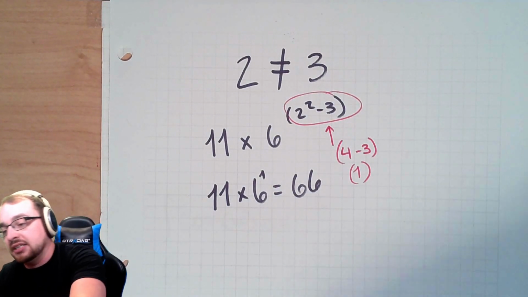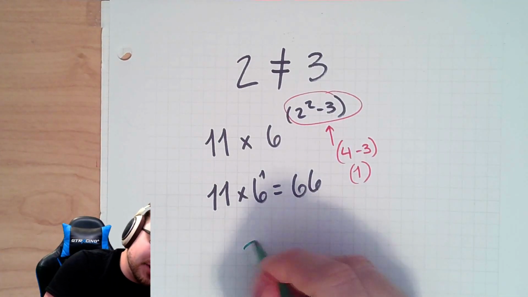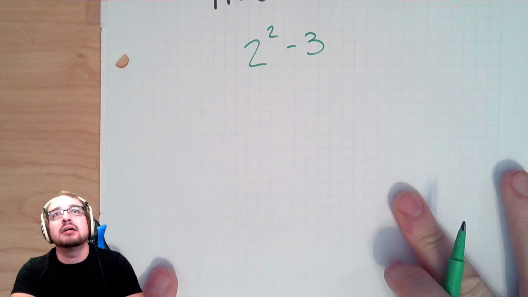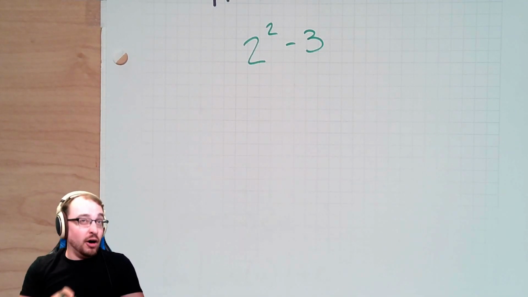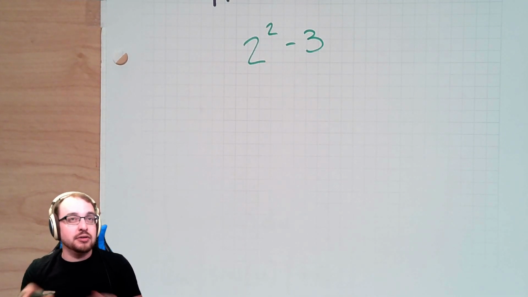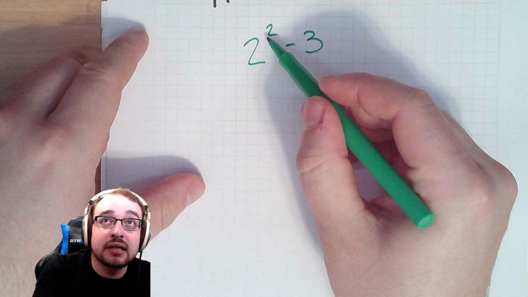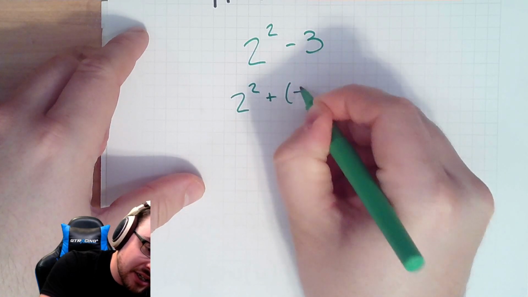Now a lot of people are also asking about, is this a minus sign in here or is this a negative? So if I had something like this, right, is what we're really looking at right now. Is that a minus or is it a negative? Minuses are negatives, basically. They're the same thing. You can think of them either way. So when this says 2 squared negative 3, you can think of it like 2 squared plus negative 3, like that.